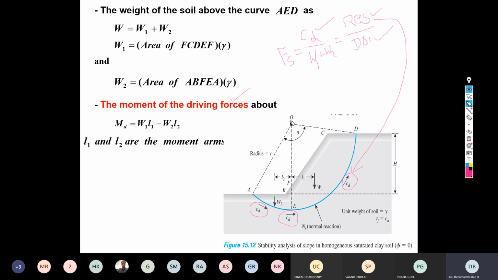From the center line, W1 is on one side and W2 is on the other side. Therefore, one will be in the positive direction and the other in the negative direction. One may cause driving, another may act against the driving. And we take W2 as the resisting force.